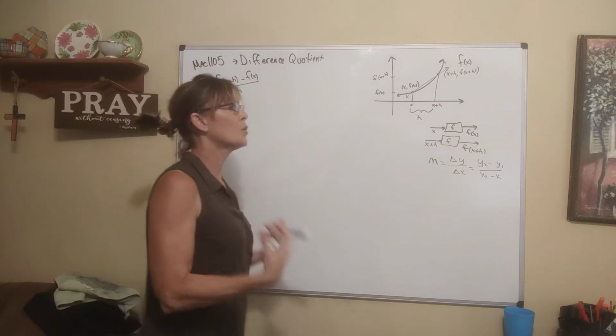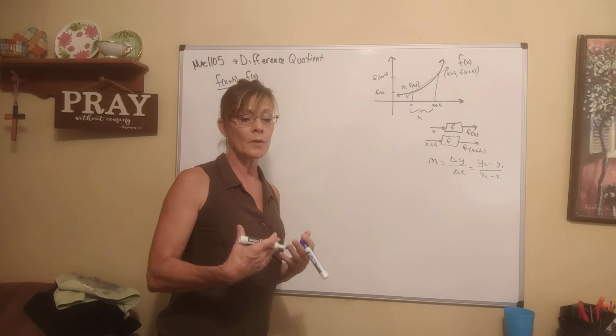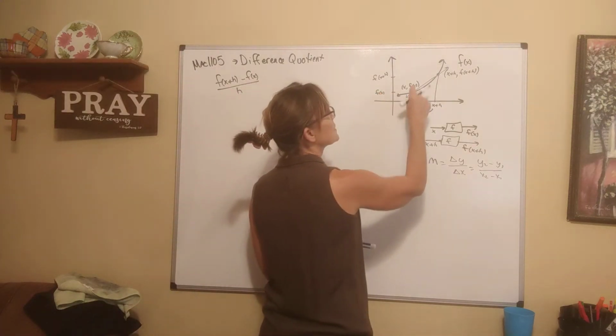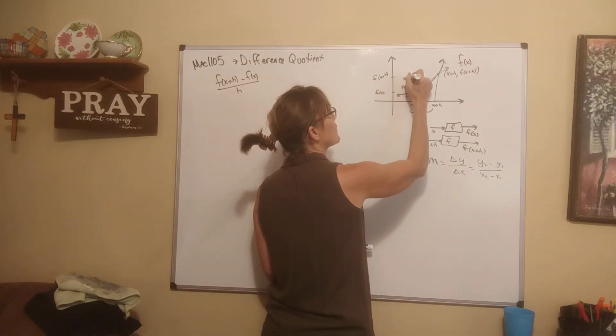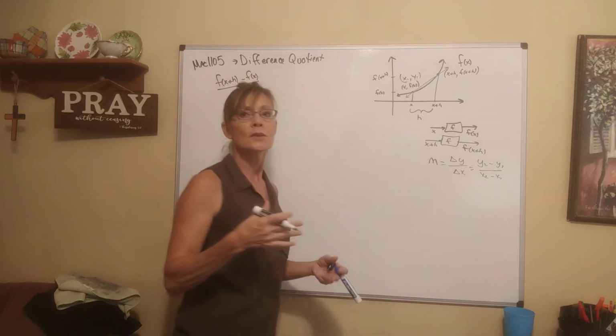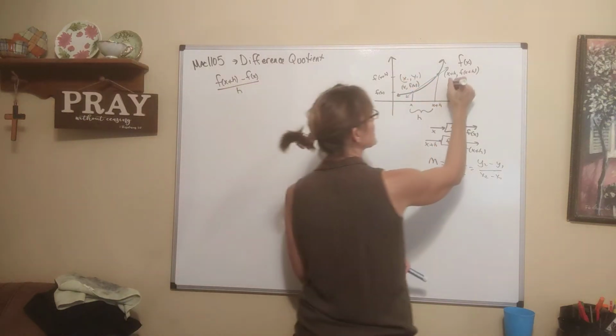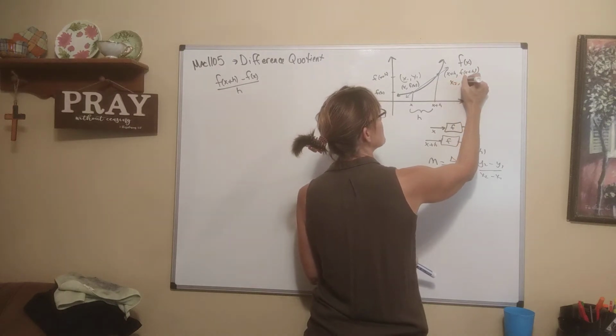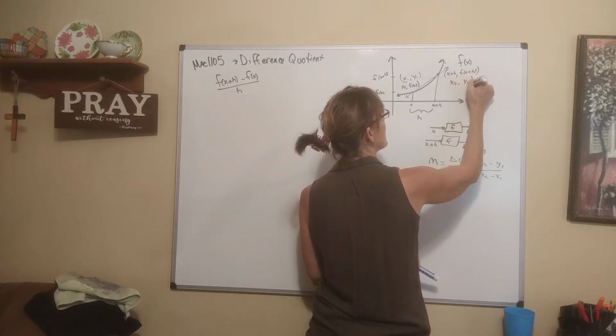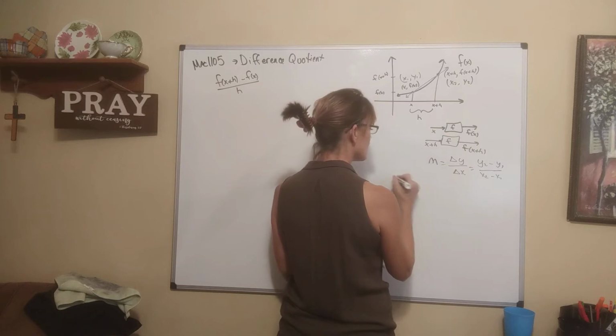What if our first point, x1, y1, is this, x, f of x? And what if our other point, x2, y2, is this, x plus h, f of x plus h? And we put that into our slope formula.